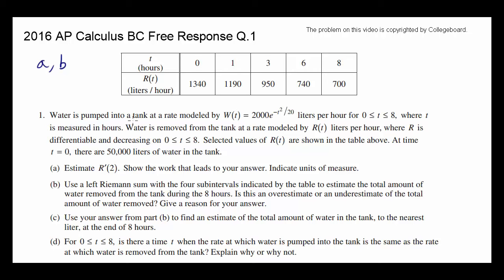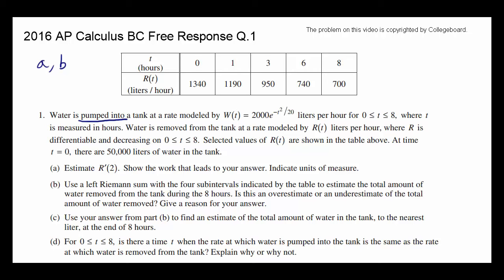Water is pumped into a tank at a rate modeled by W of t is 2000 e to the negative t squared over 20. So that's the rate the water is pumped into the tank from 0 to 8, where t is measured in hours.